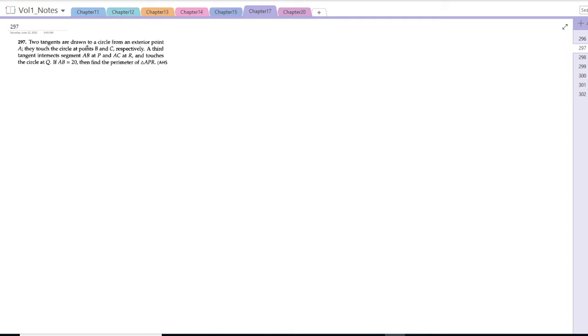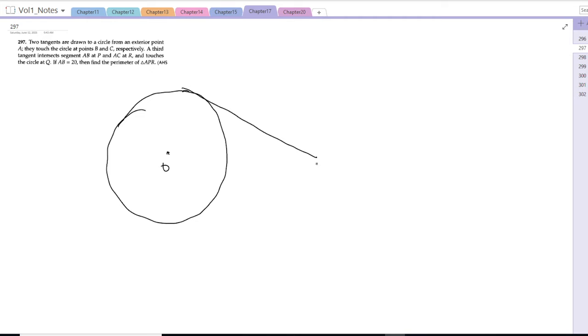Two tangents are drawn to a circle from exterior point A. We have a circle O. From exterior point A, we can draw two tangents.